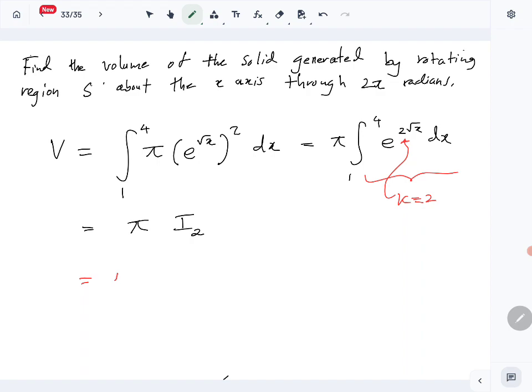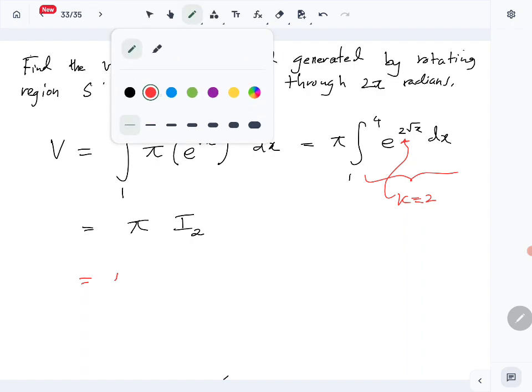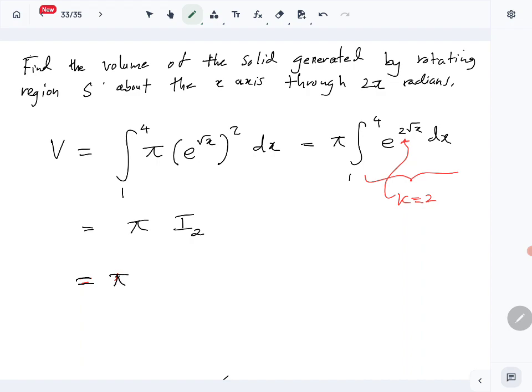You get pi times 2 over 2 squared, times 2k, so 4, minus 1, e to the fourth, since k is 2 now so e to the 2k becomes e to the 4, minus k is 2, minus 1, e squared.